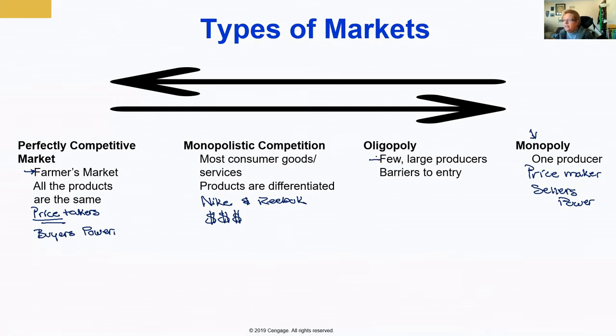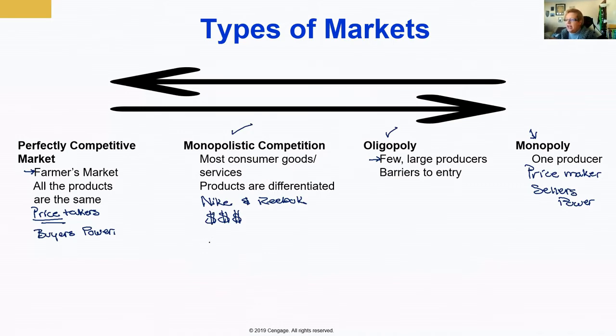If we only have a few relatively large producers, and those producers are able to block entry of new products into the market, which will lessen the number of substitutes, we see that the sellers are starting to even have more power than they did in monopolistic competition. Many times, monopolistic competition and oligopolies can be thought of very similarly.